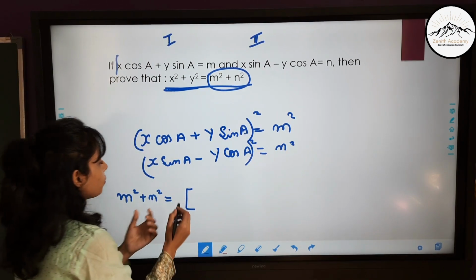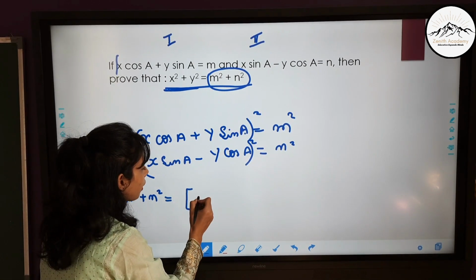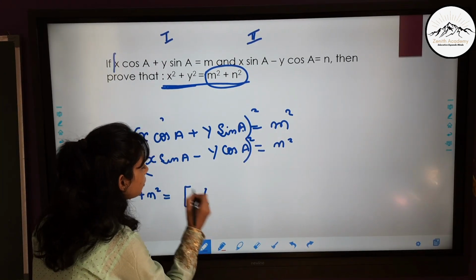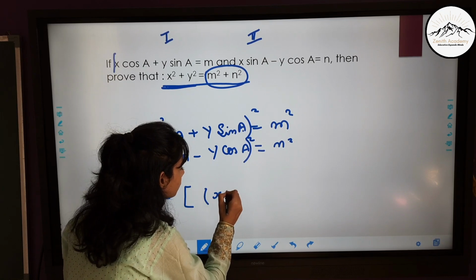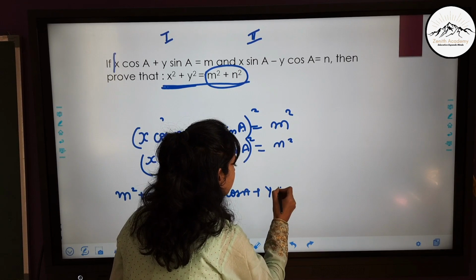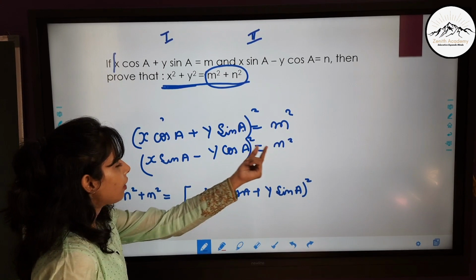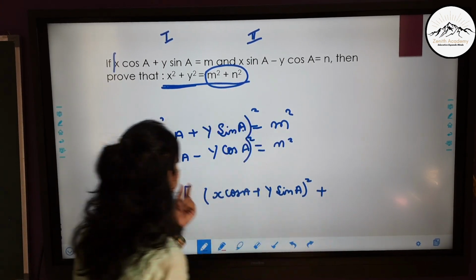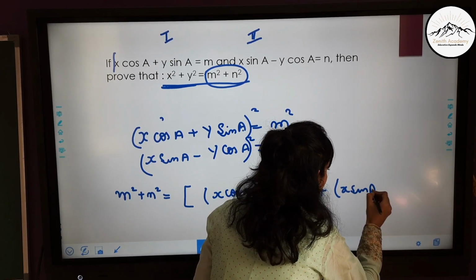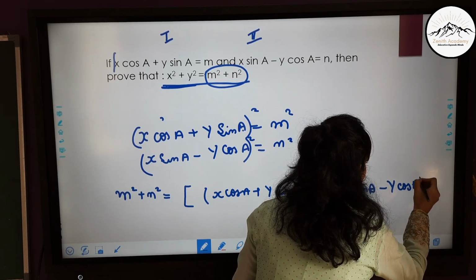So for m square plus n square, we can write this whole term, that is, x cos A plus y sin A whole square, plus x sin A minus y cos A whole square.